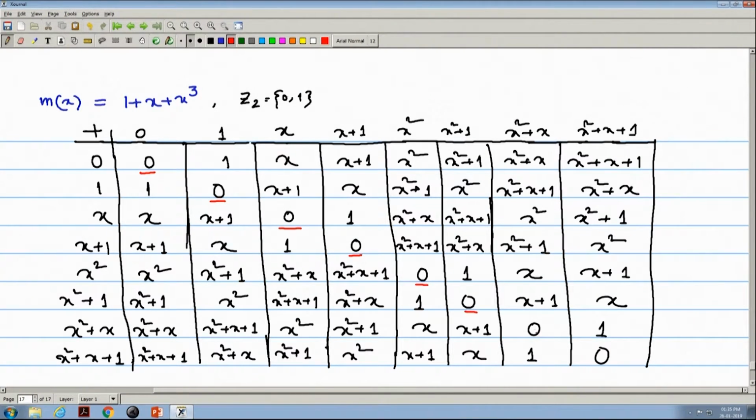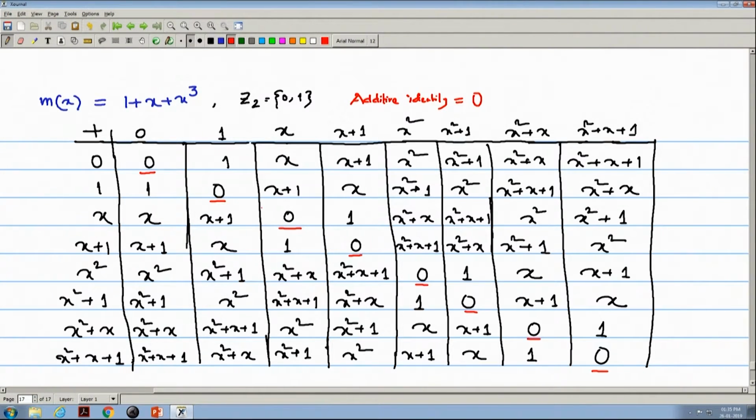The first thing is this is the additive identity. So, I write additive identity is 0, sorry, additive identity is 0, and then if I take the additive inverse, there must be an additive inverse.